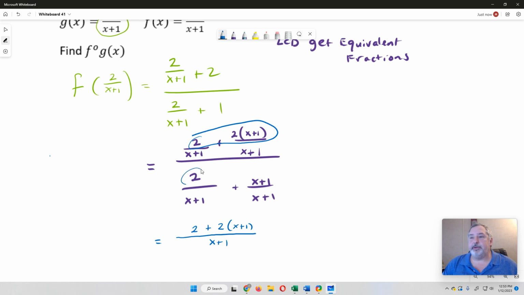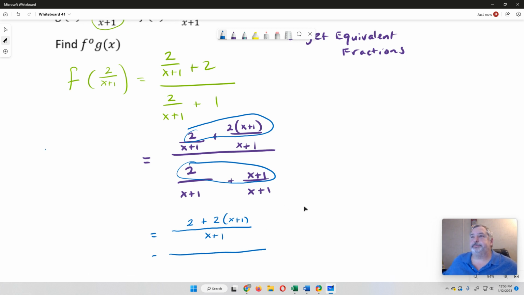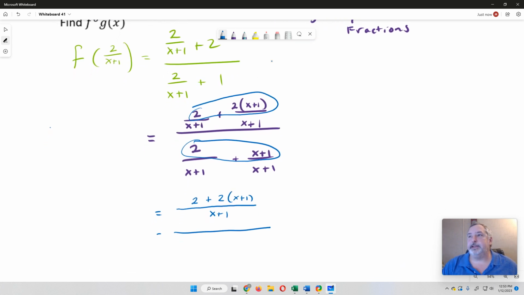I'm going to do the same thing for the denominator. This takes a lot of space, so I'm trying to keep as much visible as possible. In the denominator, same deal: I've got 2 plus x plus 1, divided by x plus 1.